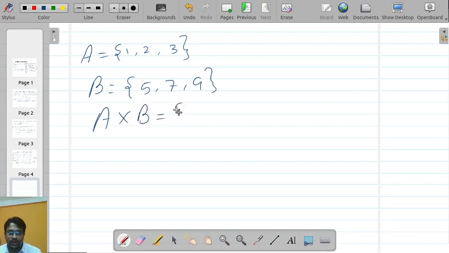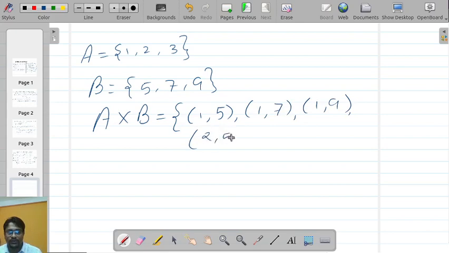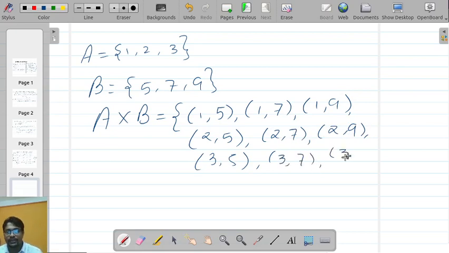A cross B, the Cartesian product of A and B, is the set (1,5), (1,7), (1,9), then (2,5), (2,7), (2,9), and (3,5), (3,7) and (3,9).